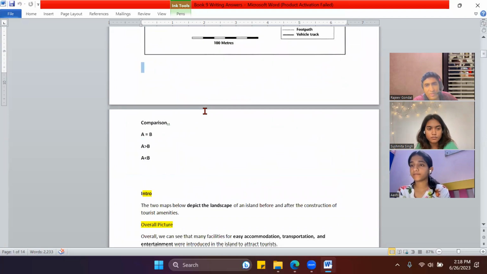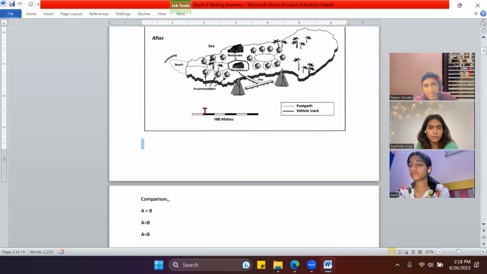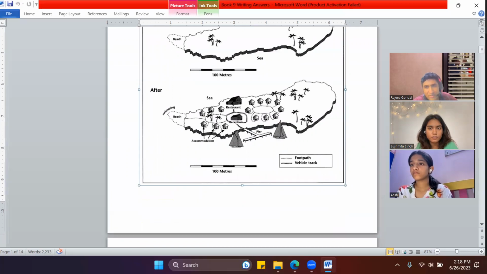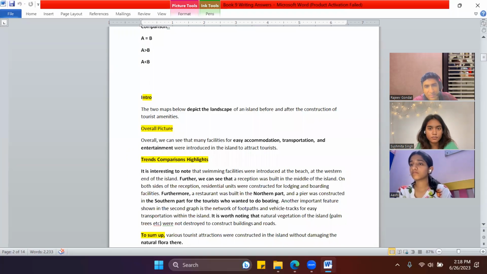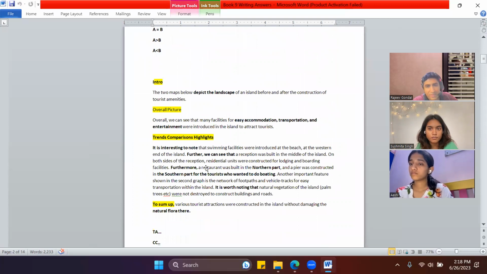So towards the eastern side, or you can say towards the left, we can see a swimming pool was constructed for swimming enthusiasts. That a reception was built. So you move from here to here, so you will find a reception. And around reception, whatever other things there are, they are told about. So a reception is built in the middle of the island, and it is well connected with all other facilities for residents and so on and so forth.